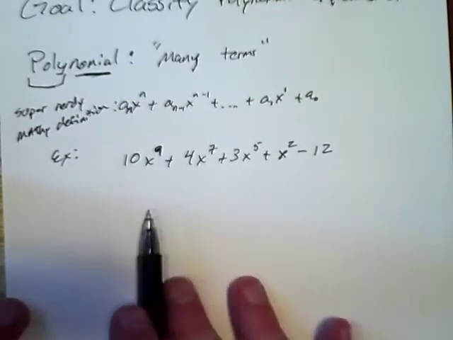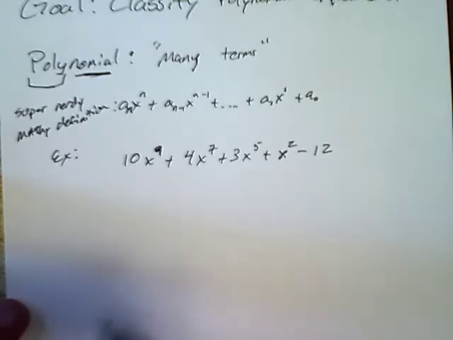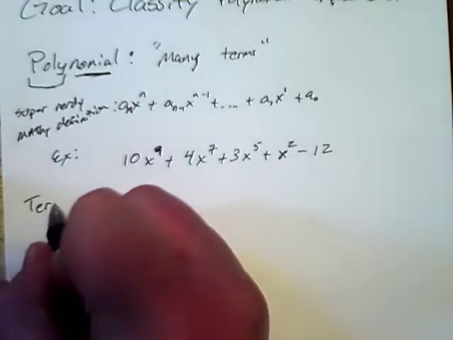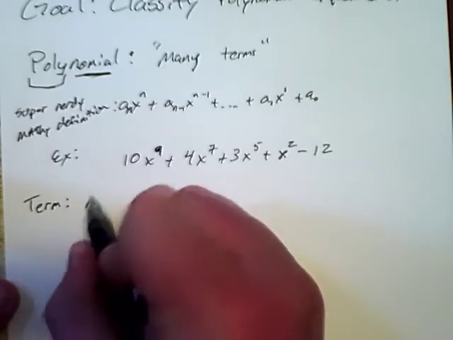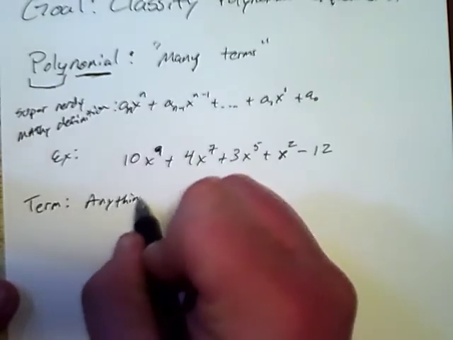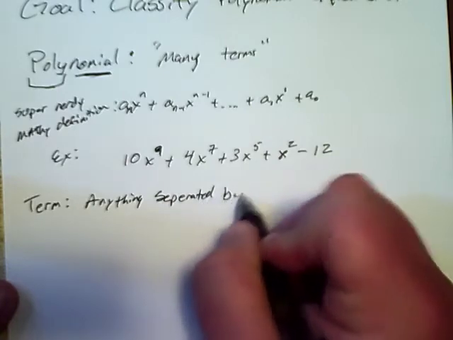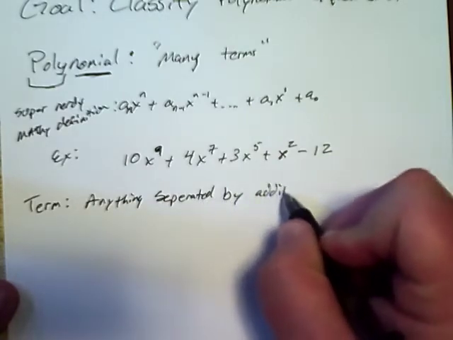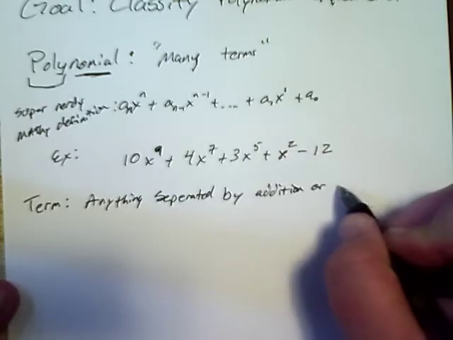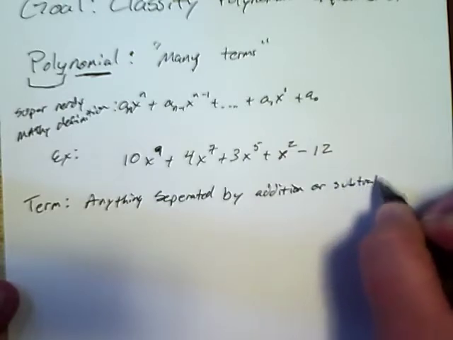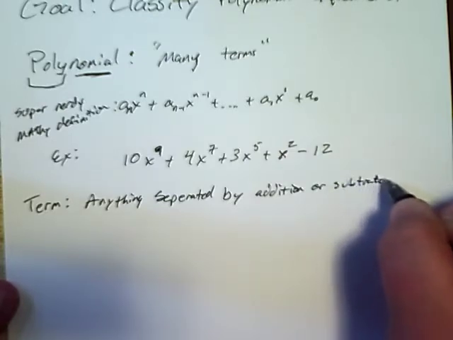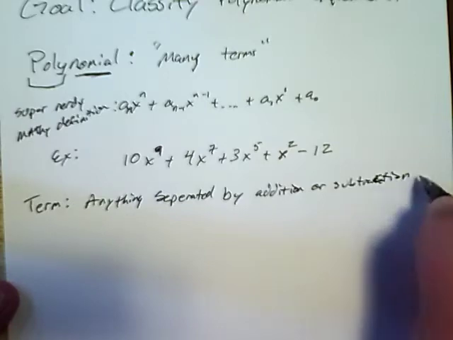So, first thing we want to take a look at, how many terms? A term is anything separated by addition or subtraction. Subtraction, I can't spell today.